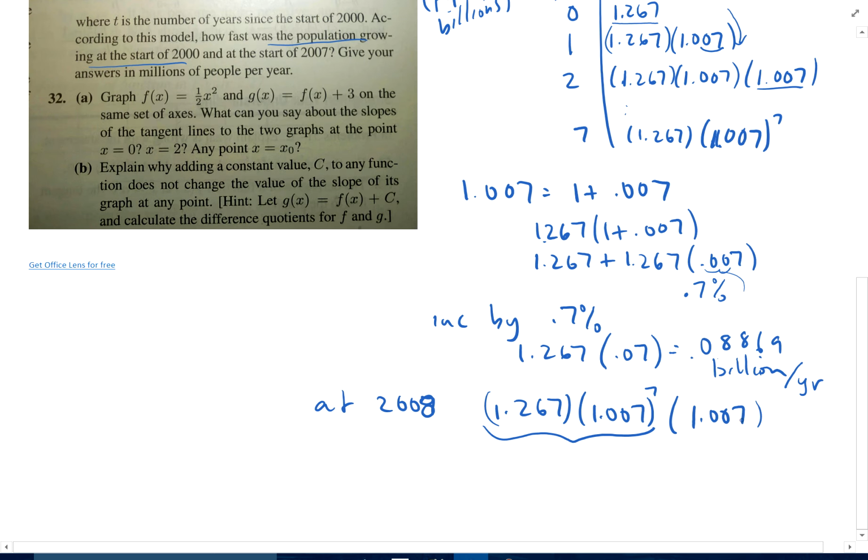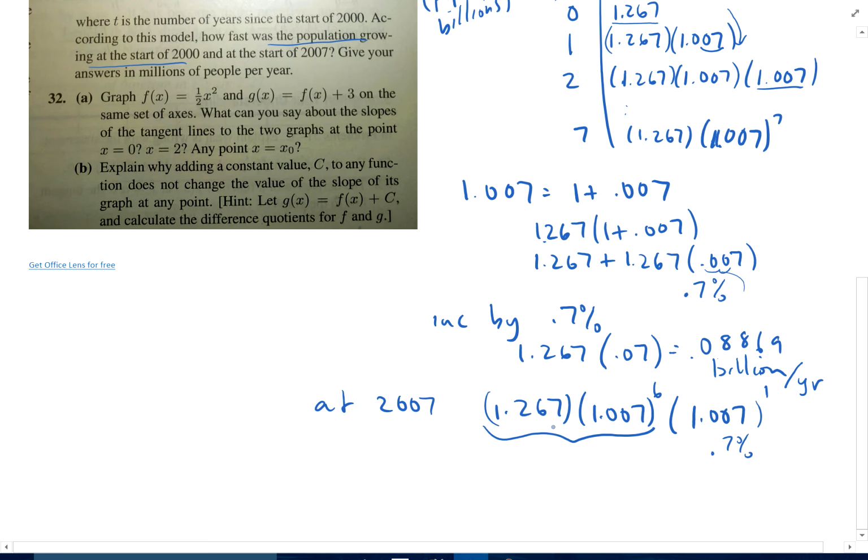Oh, but we want to start at 2007, so I'm sorry, that should be this. I had it right the first time. So I'm going to have this number, and this is my growth. So it's growing by, again, 0.7%. But how many people per year is that now?